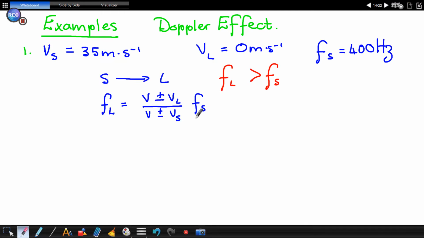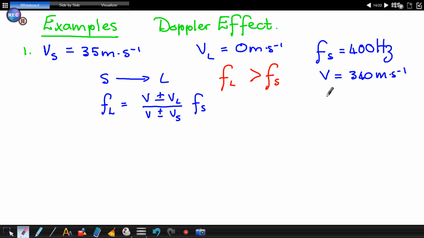Now they didn't say anything in this question, but the average speed of sound in air is 340 meters per second. I expect that they will tell you what it is that they want you to use, because the speed of sound in air is not a constant.